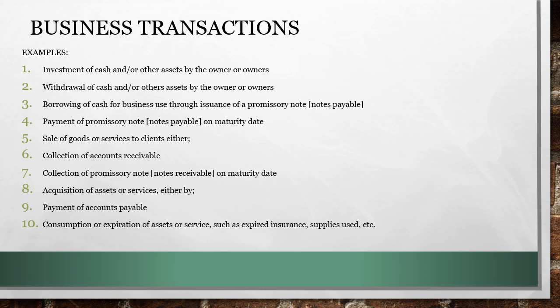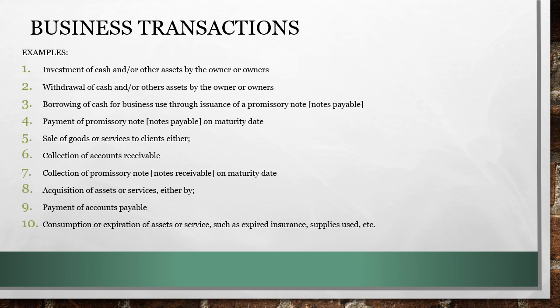So, as you can see there, a particular business transaction may lead to an event or condition that constitutes another transaction. Say for example, we have purchase of merchandise on account.